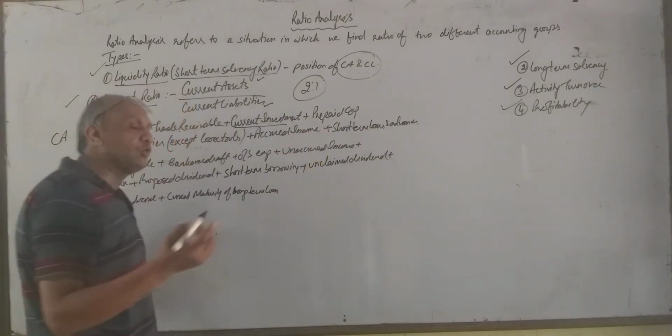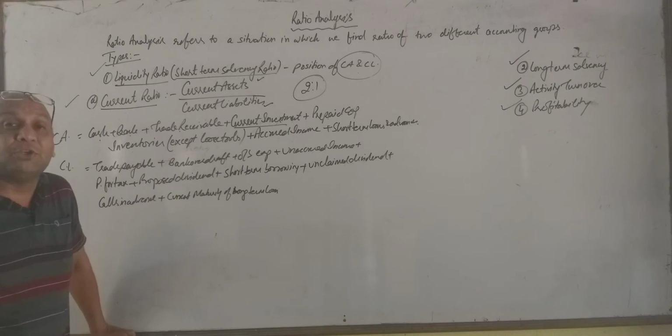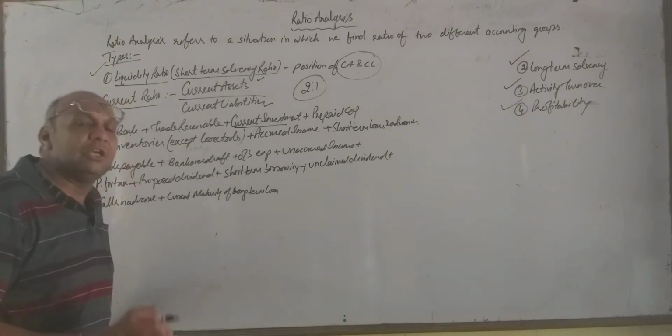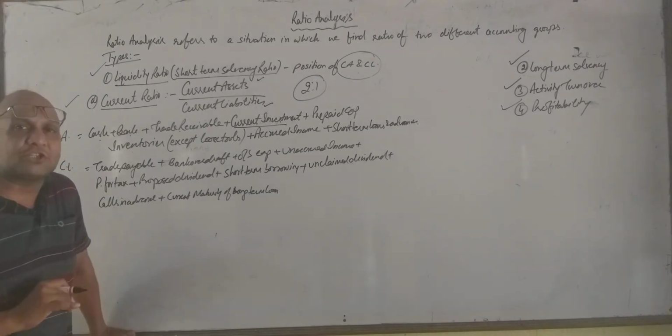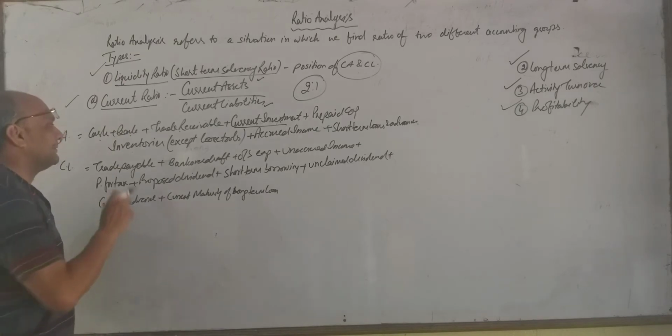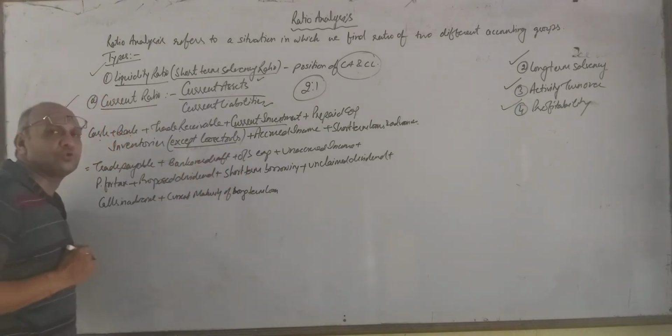Then prepaid expense, you know very well. Then inventories, that is stock. Stock can be of raw material, semi-finished goods, finished goods, and stock can be of loose tools also. But here, while taking inventory, we will not take stock of loose tools.